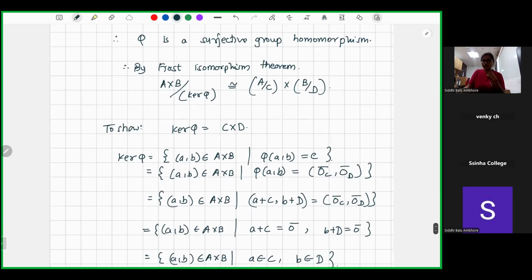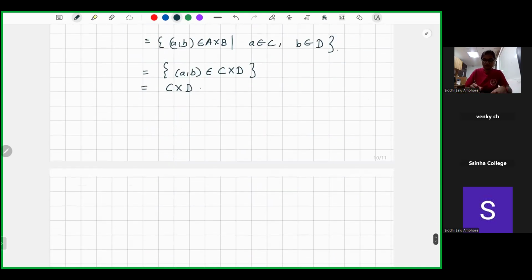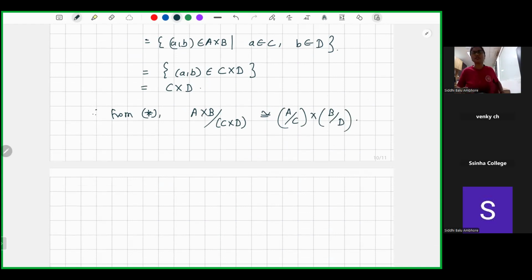So if I call this star, from star I get that A cross B quotiented by C cross D is isomorphic to A quotient C cross B quotient D. Is this okay? Any doubts here?